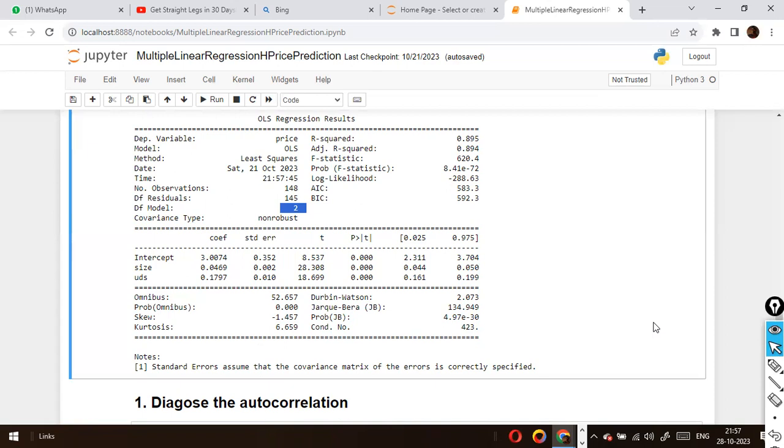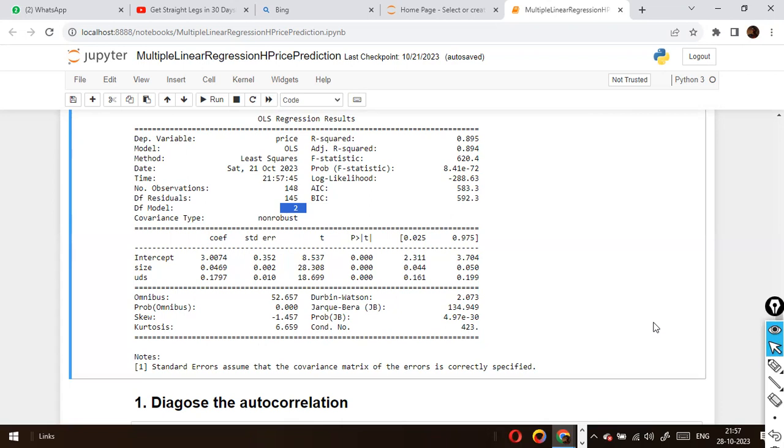Here the Durbin-Watson tells us autocorrelation. Jarque-Bera also tells us the same thing. It's all related to your residuals. The p-value is less than alpha, so it tells us basically whether the residuals violate the assumption of normality.